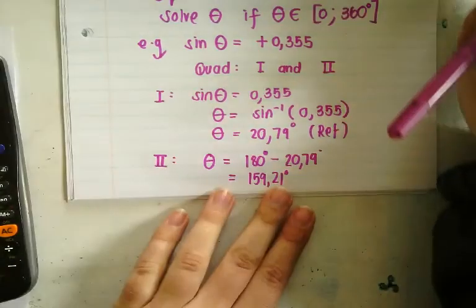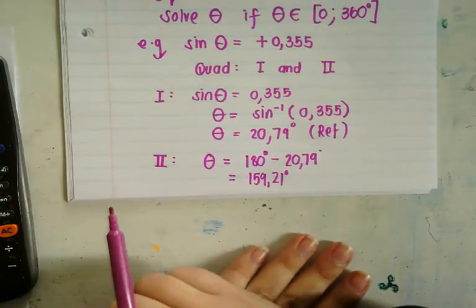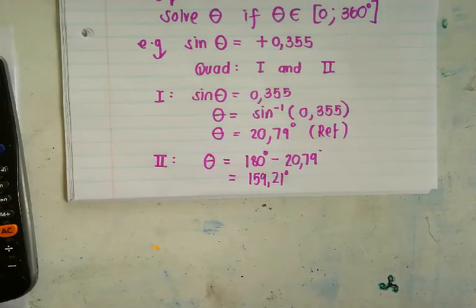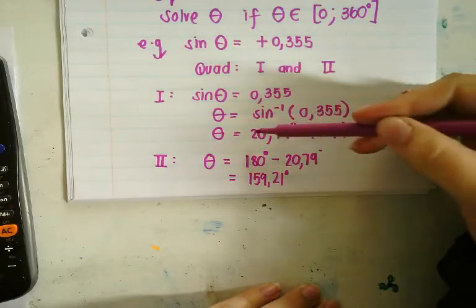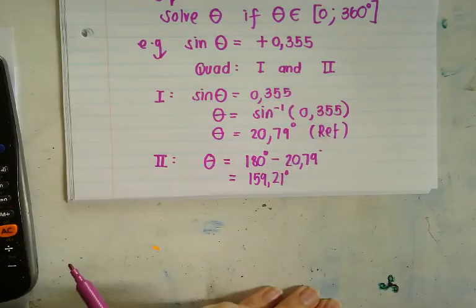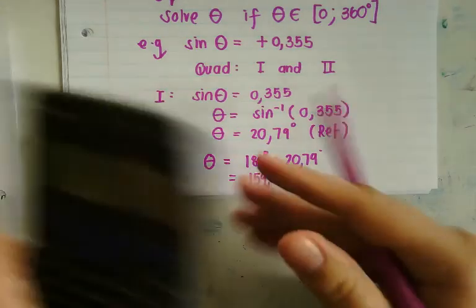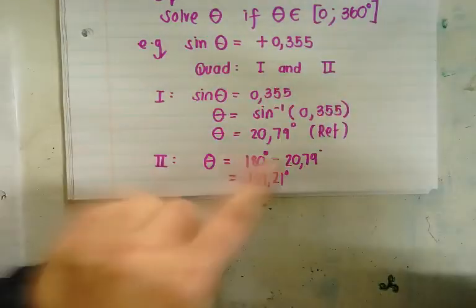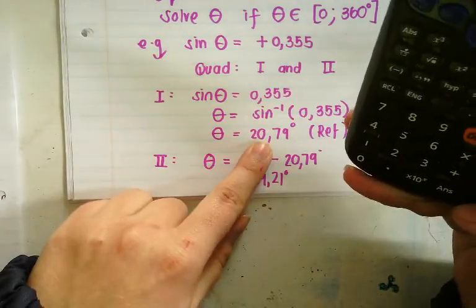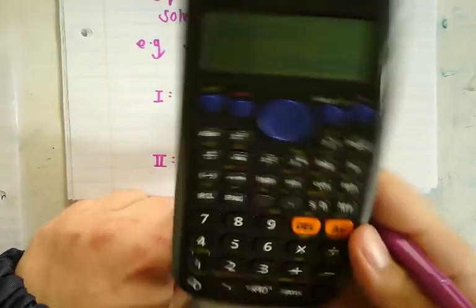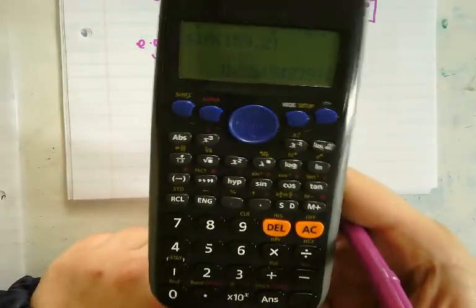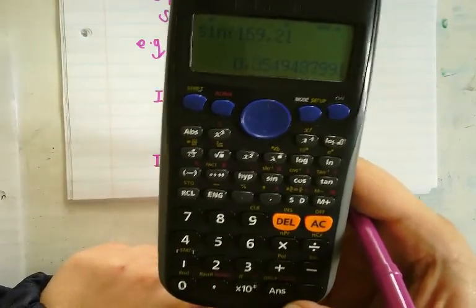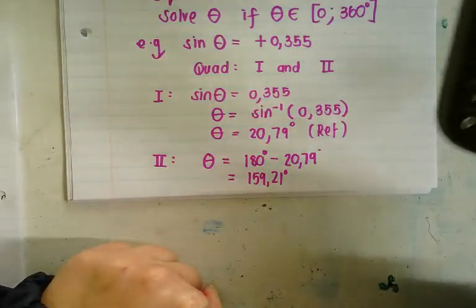Just like the 30 was the reference when we did cos, and 20 was the reference when I did tan, in this question the reference is 20.79. You can check, sine 20.79 gives me 0.355, and sine 159.21 gives me 0.355. So we found both options of where it is positive.